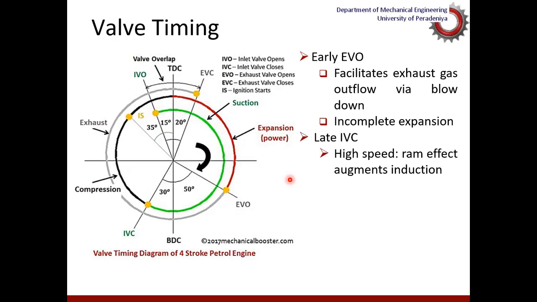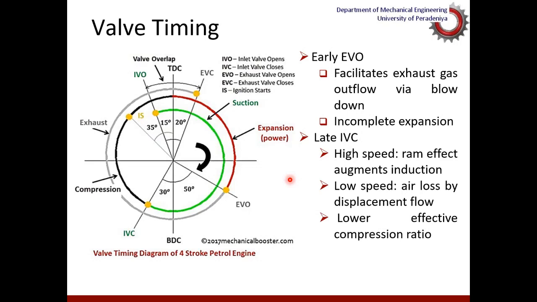There's something called the RAM effect, which would augment the induction process. But again, at low speed conditions, there will be a backflow taking place. Some of the induced gases go back to the intake system. Accordingly, the volumetric efficiency would be reduced.